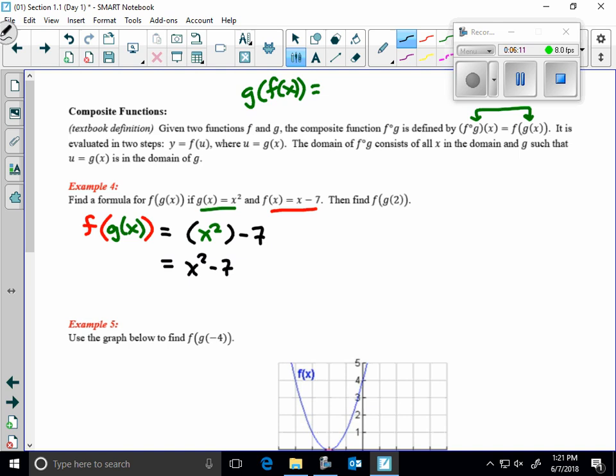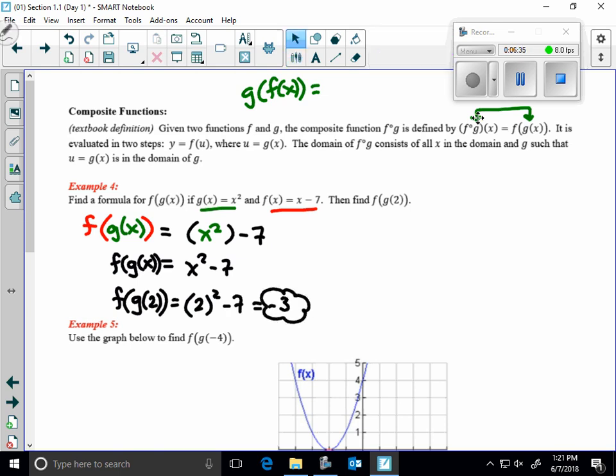Sometimes there will be some kind of order of operations that will require you to do a bit more algebra, but in this case it's pretty nice. Now f of g of 2, in this case all we would do is plug 2 in for x, subtract 7, and it looks like we'll get a negative 3. So f of g of 2 would be negative 3.